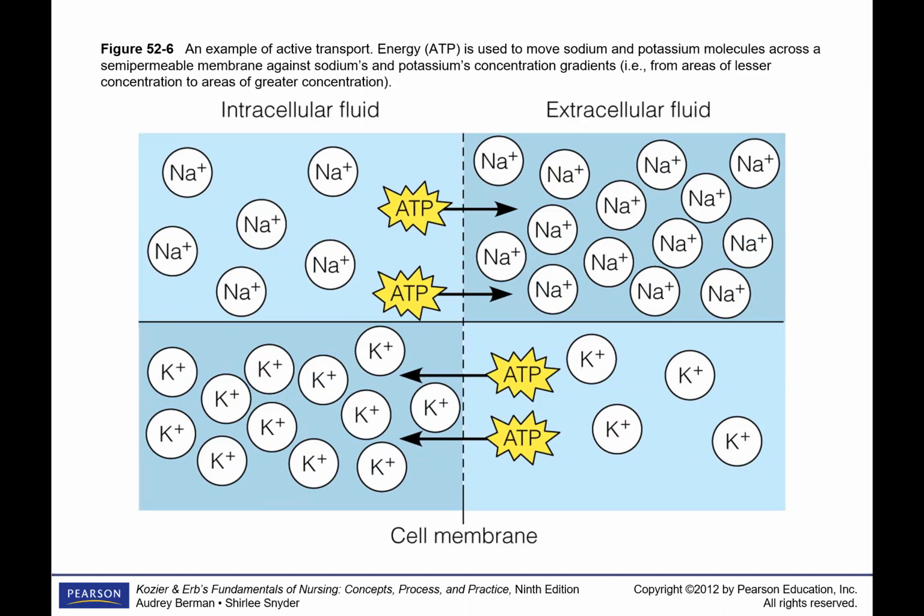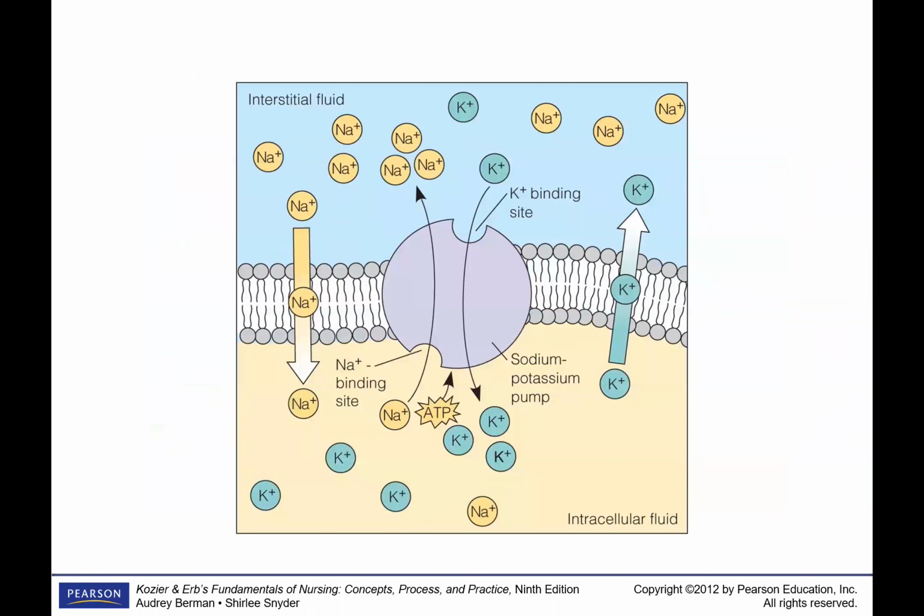So we have to use energy in order to move those against the concentration gradients so that extracellularly we can have sodium be where it should, and intracellularly we can have potassium be where it should. So this is another pictorial representation of that.